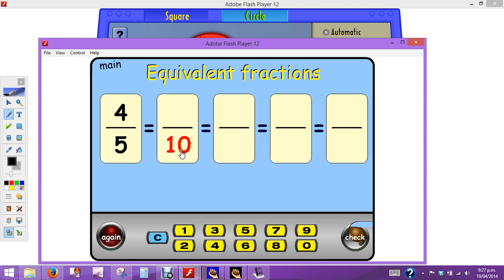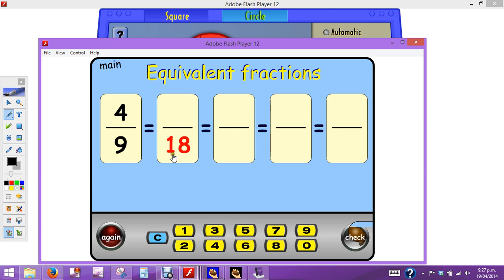I make 5 into tenths by doubling it, so 4 double is 8. I make 5 into 15 next, so I times 3. So 4 3s on the top is 12. Next one's 20. Let's do another one. 4 ninths. The next complicated or big fraction after that is to double 9 to make it 18.